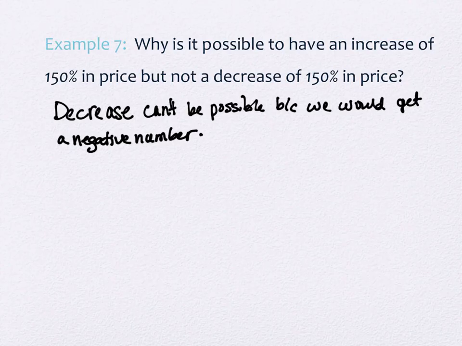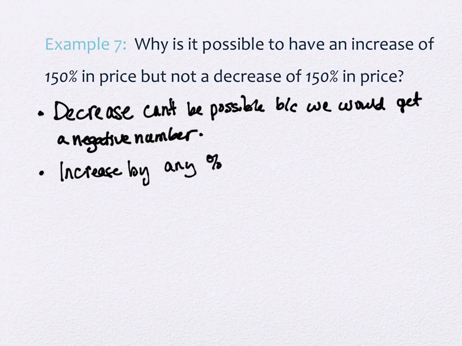So the real issue is that decreasing, we've kind of cut a lower bound, right? We can't enter into the negative number realm. That doesn't work for what we're talking about. But we can increase by any percent because we don't have an upper bound, really.